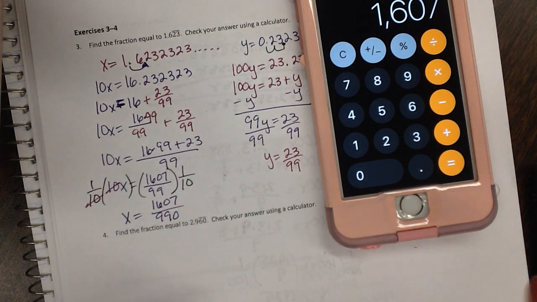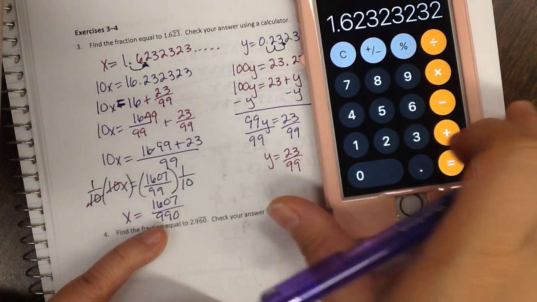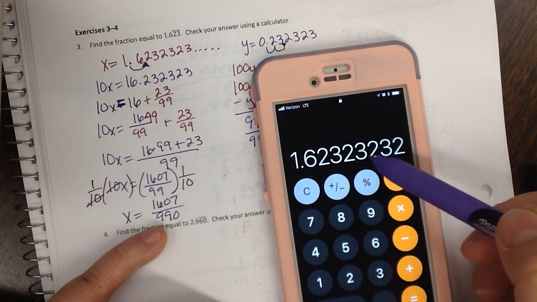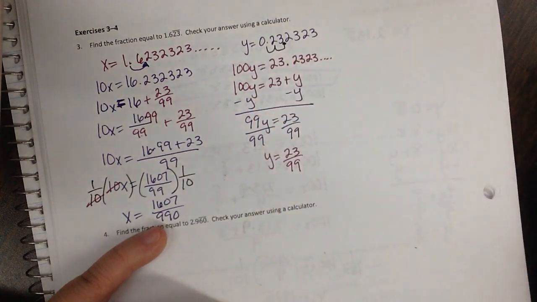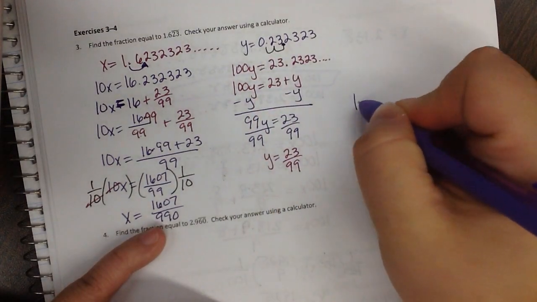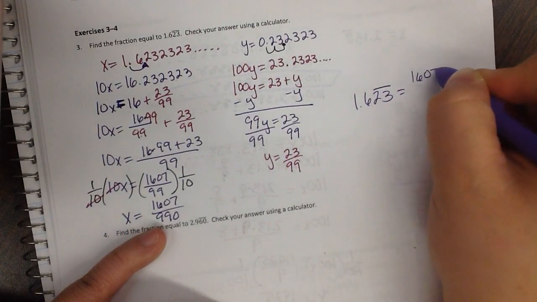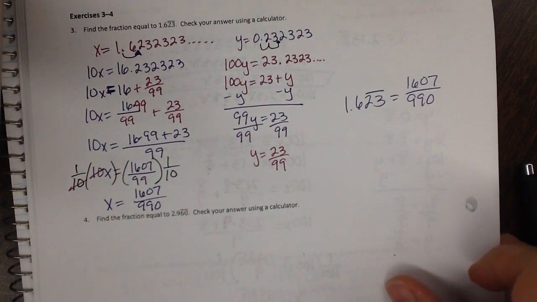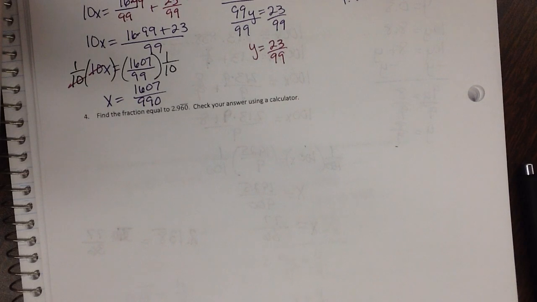And that would be our answer, I believe. So 1607 divided by 990 is 1.623223223. Imagine it would go on forever. So 1.623 repeated equals 1607 over 990. One more example down here on number 4.